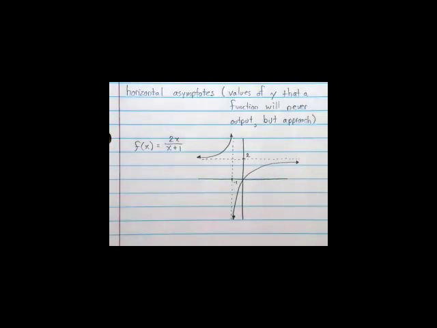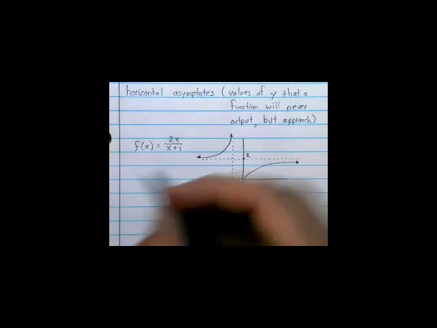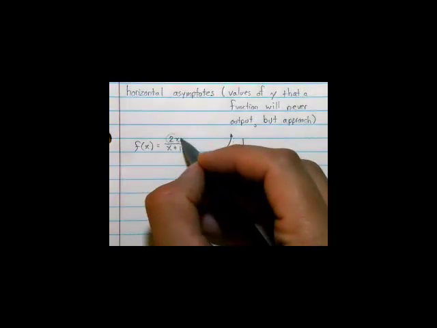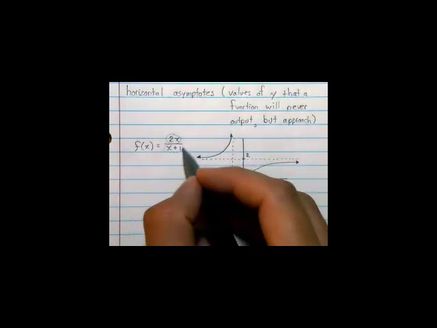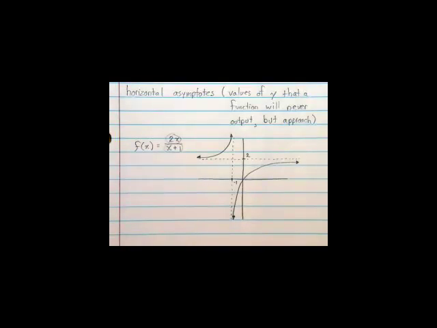Now, how do you determine what the horizontal asymptote is from the equation? Like the vertical ones were easy, right? We just look for the denominator and what's happening there. Horizontals, it's not the same case there. Okay? This one had a horizontal asymptote of 2. Okay? If you look at the equation of this thing, okay, we got a 2x on top, and we got an x plus 1 on the bottom.